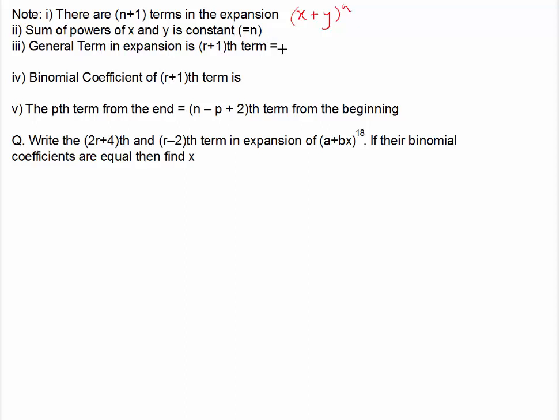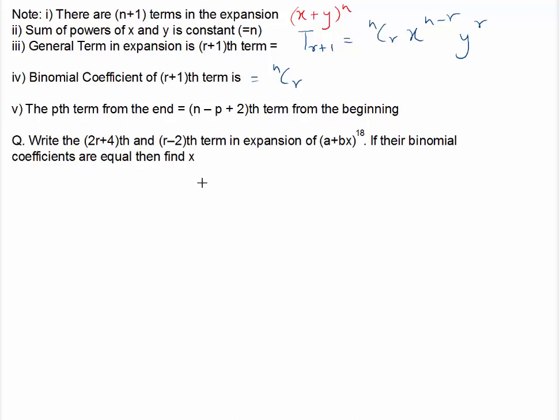Third thing, which is important, the general term in the expansion is the (r + 1)th term, which is equal to nCr xⁿ⁻ʳ yʳ. So the binomial coefficient of this term is nCr, meaning only this part. Also, the pth term from the end is the (n − p + 2)th term from the beginning.